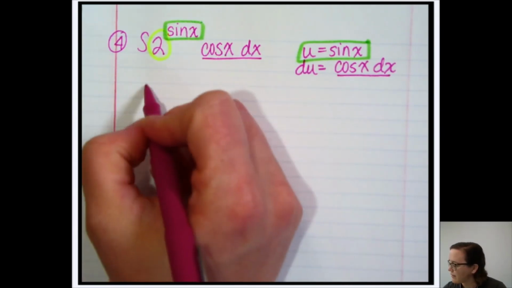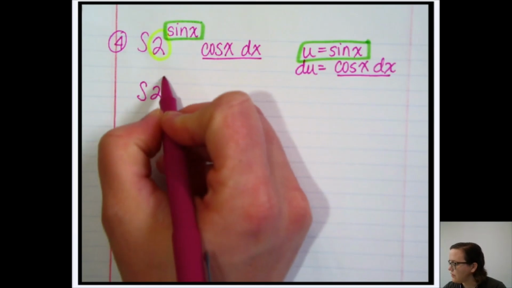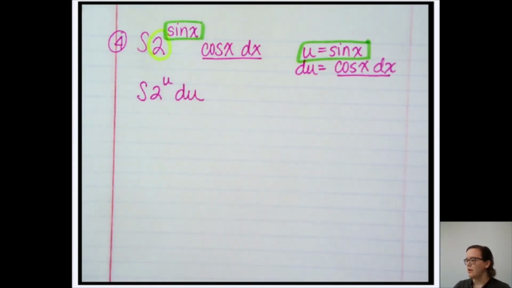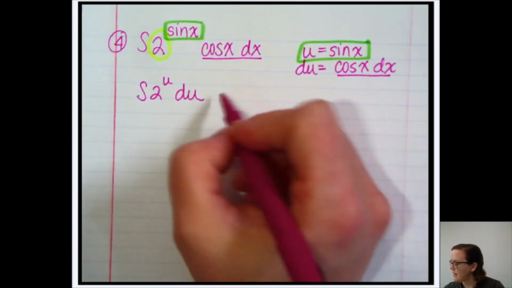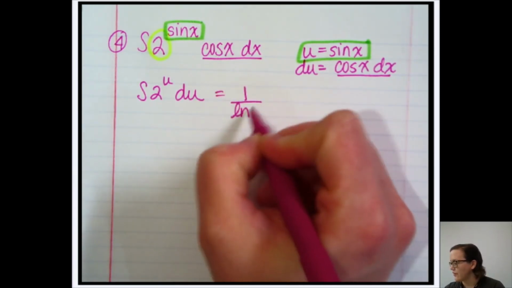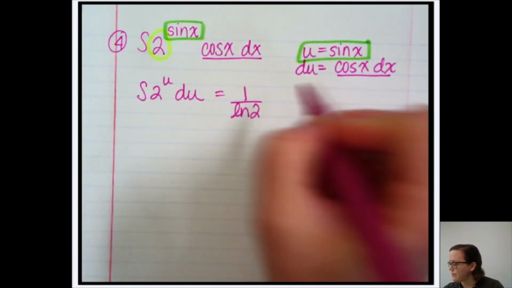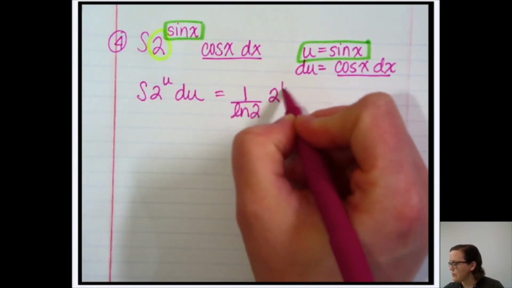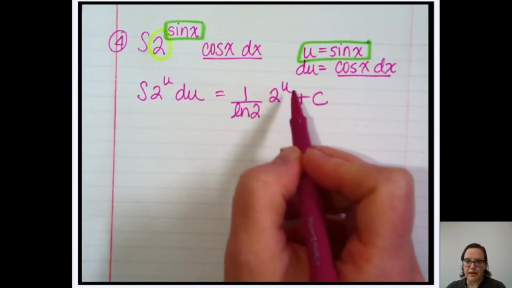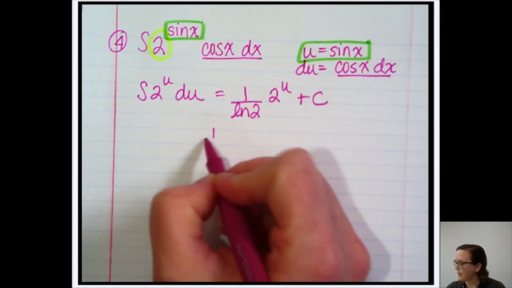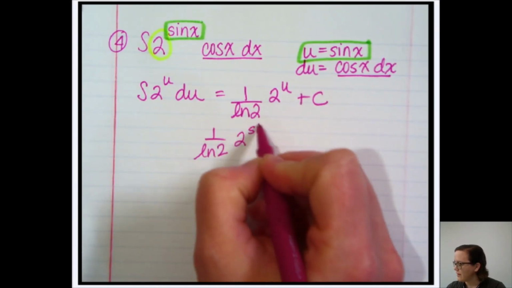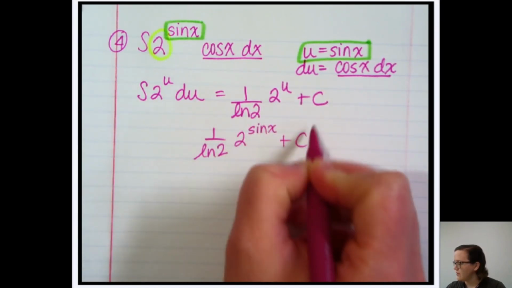So we can rewrite this as the integral of 2 to the u du, which lets us use our rule: 1 over the natural log of our a, which is 2, times our 2 to the u. Then we just have to go back in and plug in for u. So we have 1 over the natural log of 2 times 2 to the sine of x plus c.